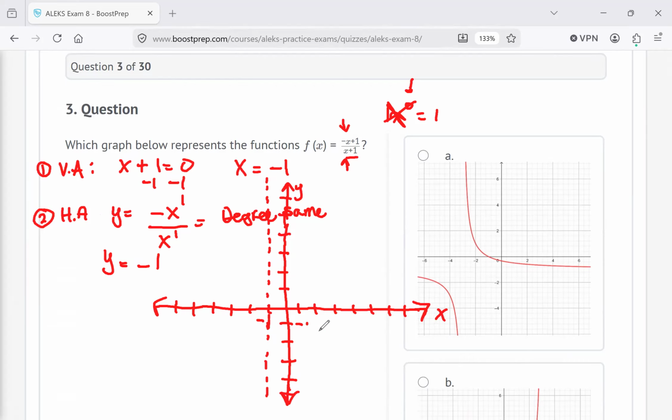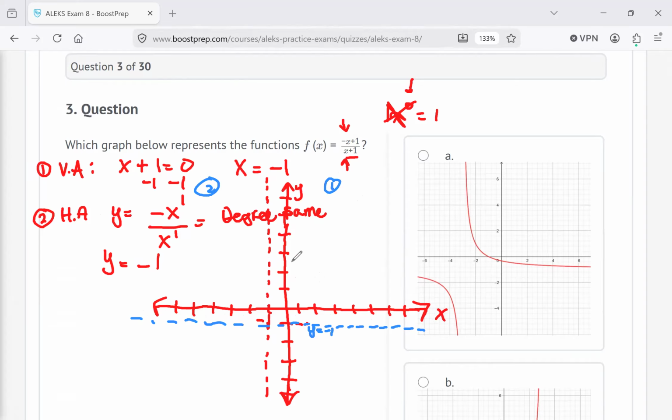So y equals negative 1 is right here. And then what you got to do next is just plot random points. Do you see that we have only two sides? This is the first side, this is the second.